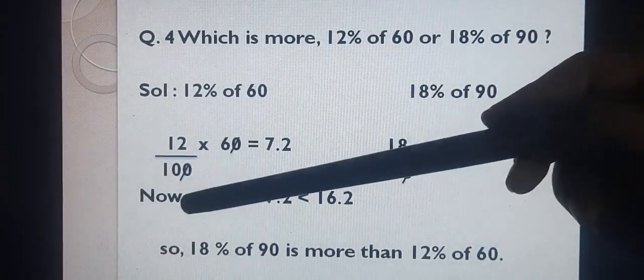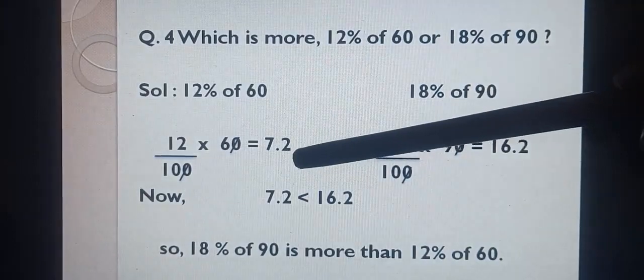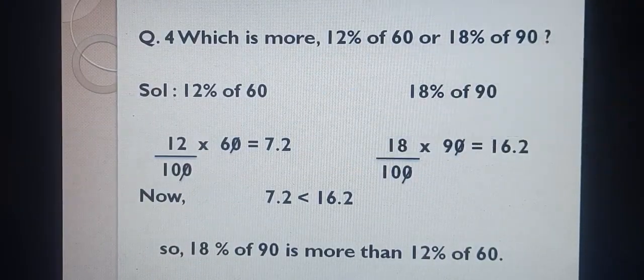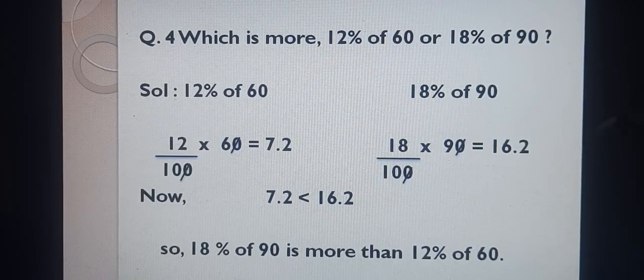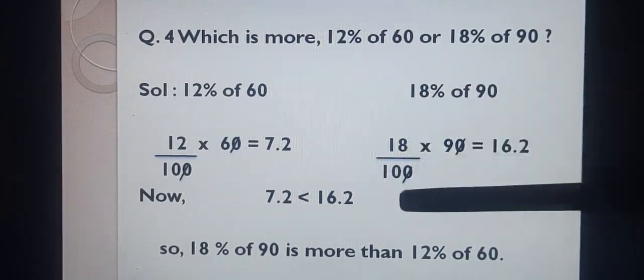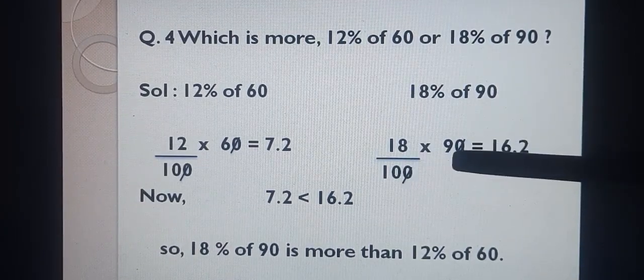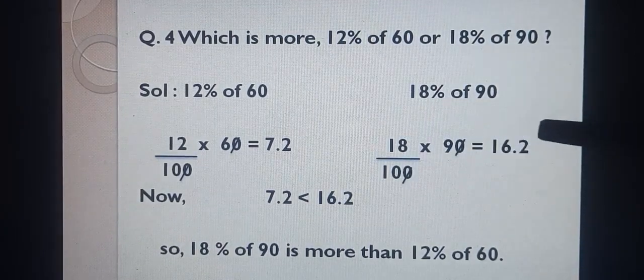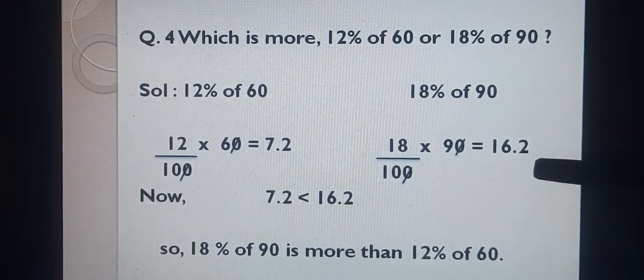Zeros will cancel. 12 sixes are 72. 72 upon 10 will give you the answer 7.2. Now 18% of 90. 18% means 18 upon 100 multiply 90. 0 will cancel. 18 nines are 162. 162 upon 10, that is 16.2.